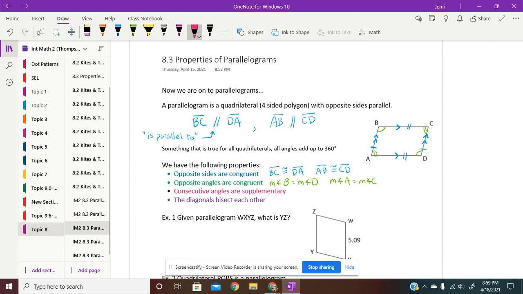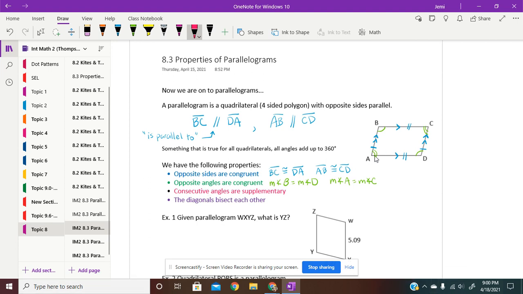Consecutive angles are supplementary. We recently used some of this vocabulary, but let's go over it again verbally. Consecutive angles are angles that are one right after another. They're angles that touch the same side. Supplementary means adds up to 180 degrees. There's not a way for me to mark this on my picture. Let me use my cursor here.